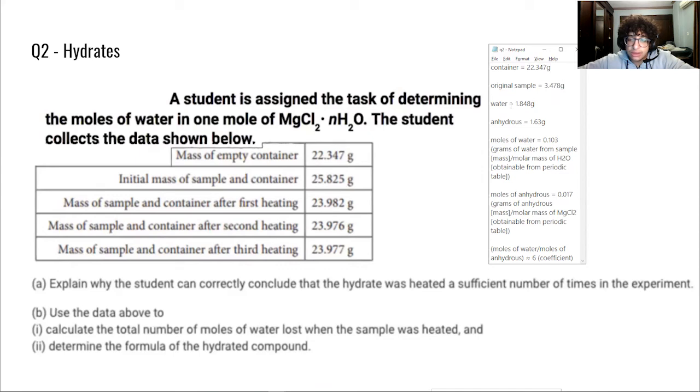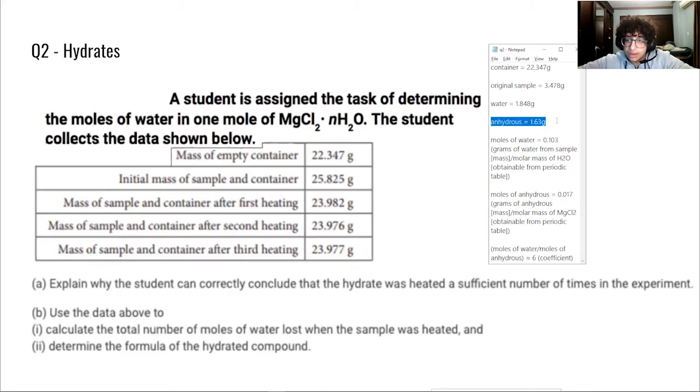And similarly, you can do that with water. But first, you're going to pull out the anhydrous because anhydrous is given first. 1.63 grams, that can be given by subtracting the mass of sample and container after the third heating by the container. And so you're going to have 1.63. Now, with this 1.63 grams, as stated before, there are two sides to the equation.